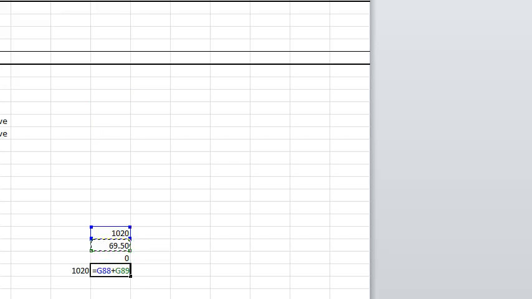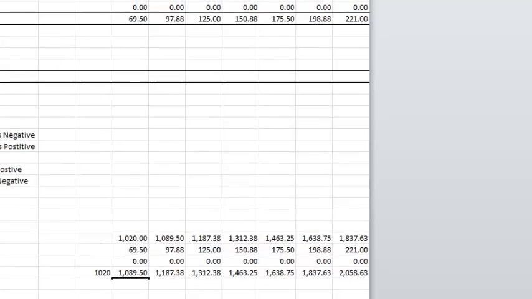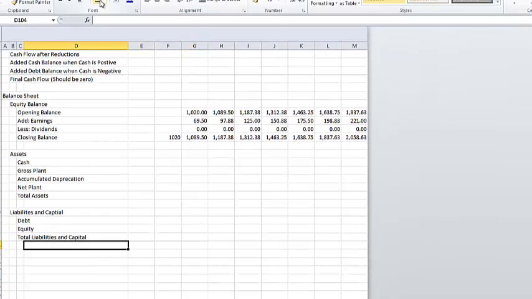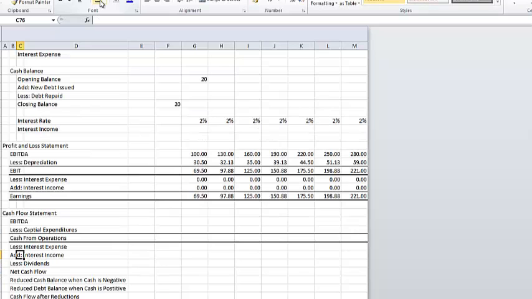Opening balance plus the earnings minus the dividends is our final balance, and we're going to make sure that our balance sheet balances.